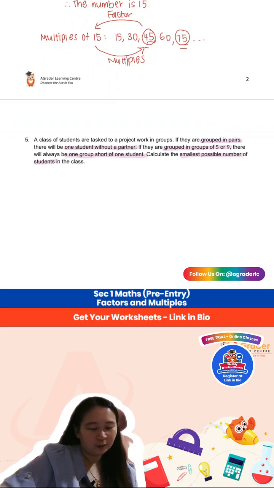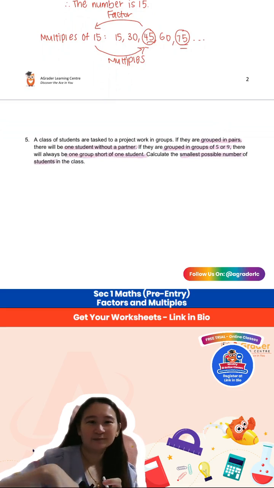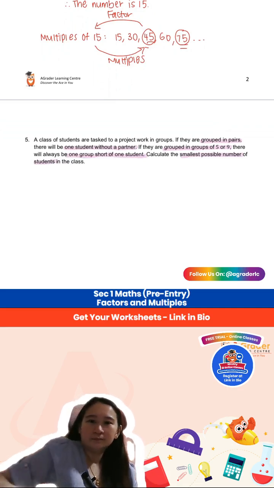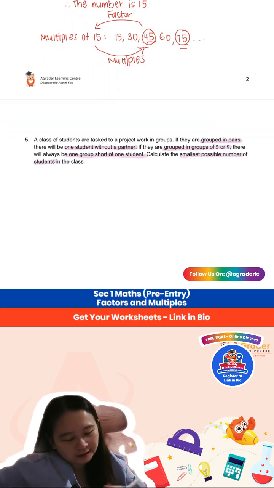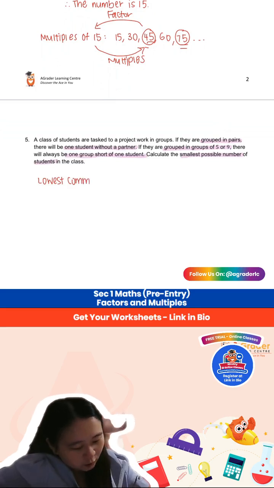Okay, so when I tell you that they are grouped in pairs and there will be one student without a partner, it means the number has to be an odd number. Okay, actually, what we can do is we find the lowest common multiple.